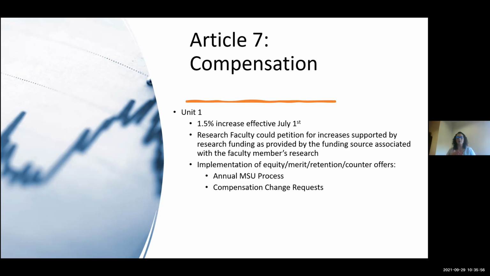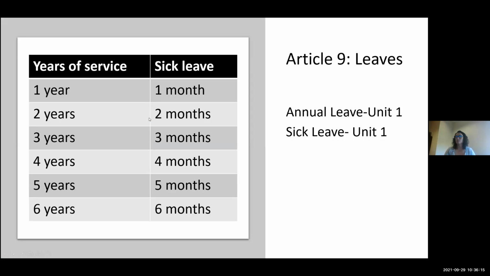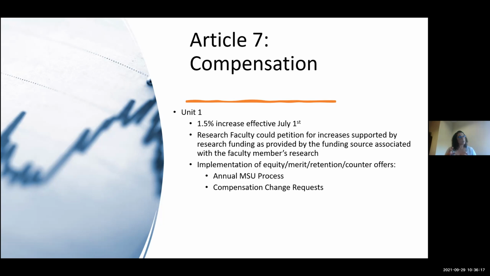And then that provision about equity, merit, retention, counter offers, which is actually multiple provisions within that article, is also relatively broad in its application. So it does allow us to give increases to our regular faculty as well. That's primarily the compensation article.